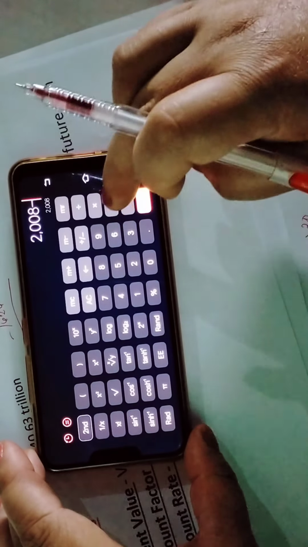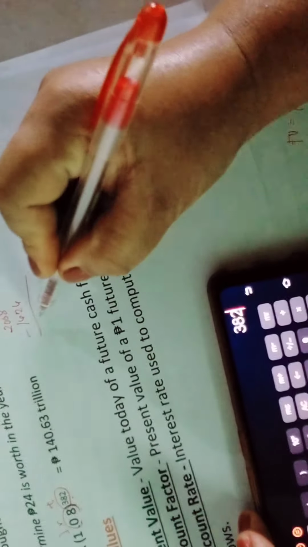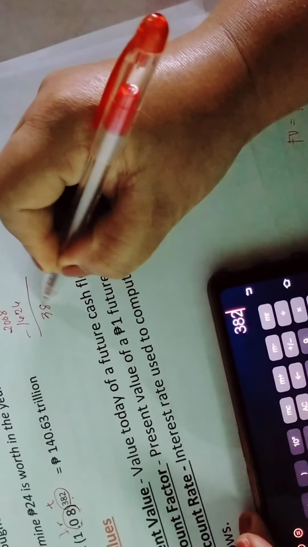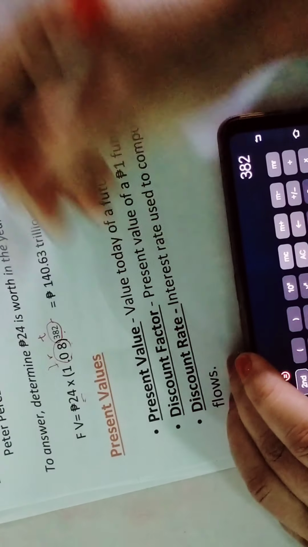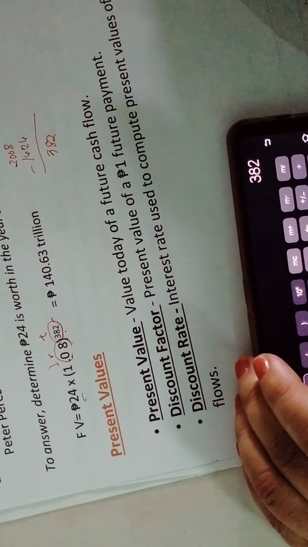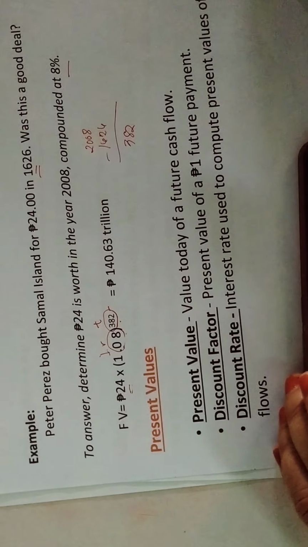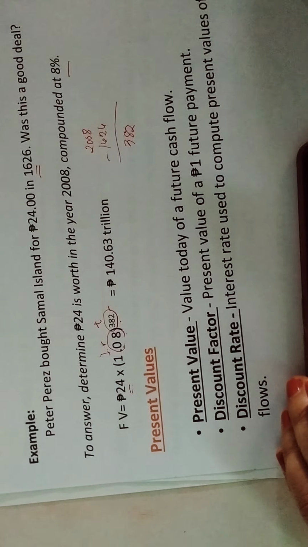Year 2008 minus 1626 is equal to 382. So, to the power of 382. If we solve this, the 24 pesos in 1626 becomes 140.63 trillion by 2008. So that is the future value of money.